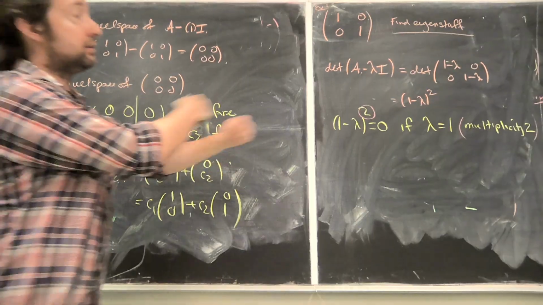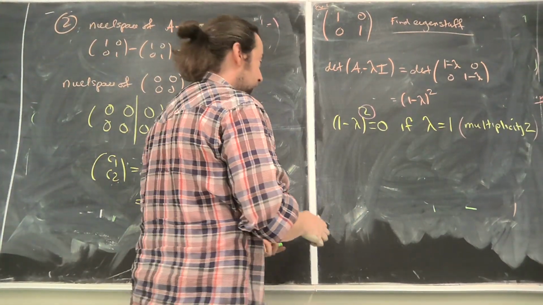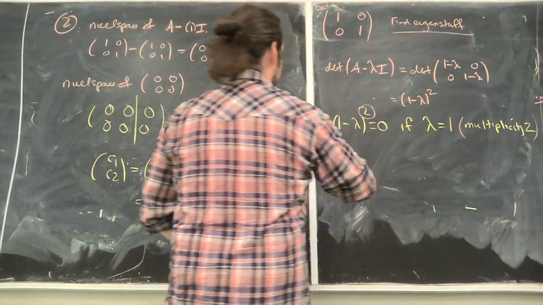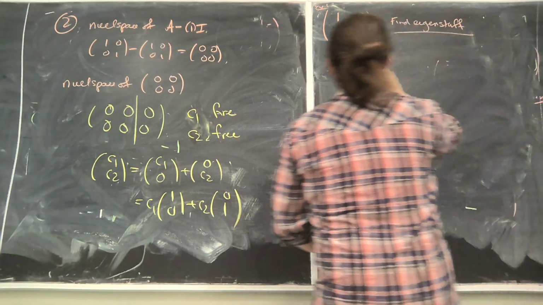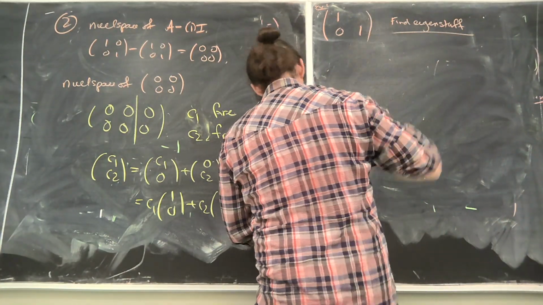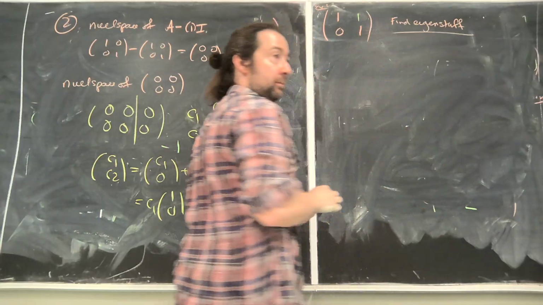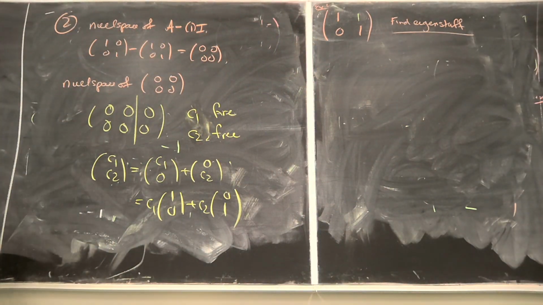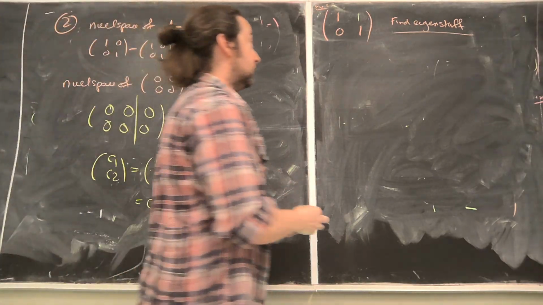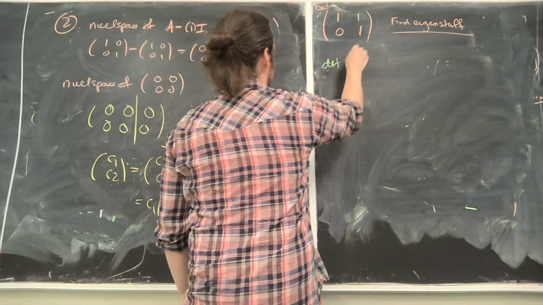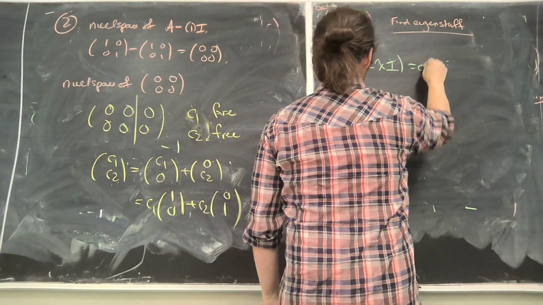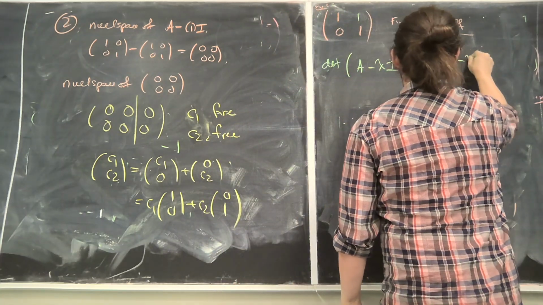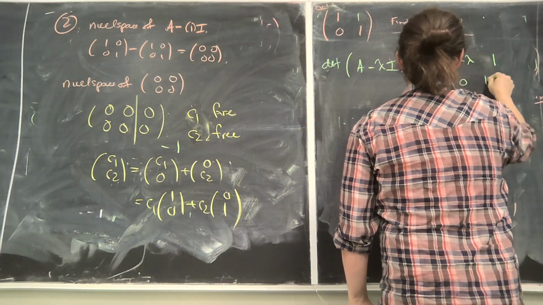Let's do exactly the same calculation, but I'm going to erase everything because I know otherwise people will try to write over their own notes. So this is exactly the same, except up here, I'm going to put the number 1. That's a 2 by 2 matrix. It has the same characteristic polynomial. Find the eigenstuff. The determinant of A minus lambda I is the same as the determinant of 1 minus lambda, 1, 0, 1 minus lambda.